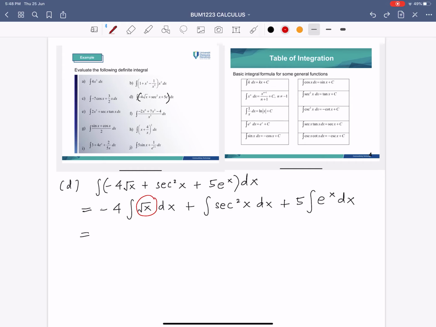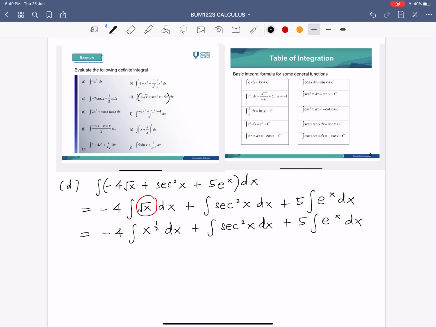So this can be rewritten as negative 4 integration x power of 1 over 2 dx. Okay, the next one, no problem, just rewrite back plus 5 integration e power of x dx.